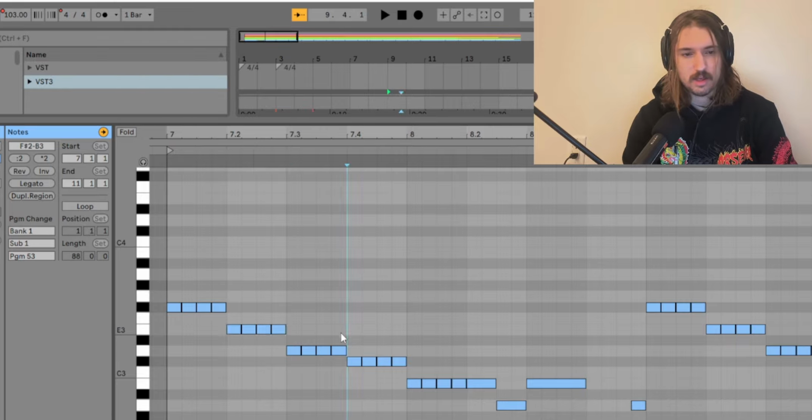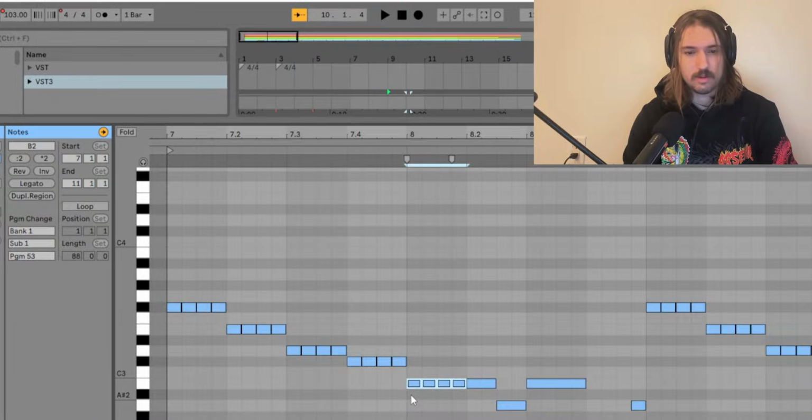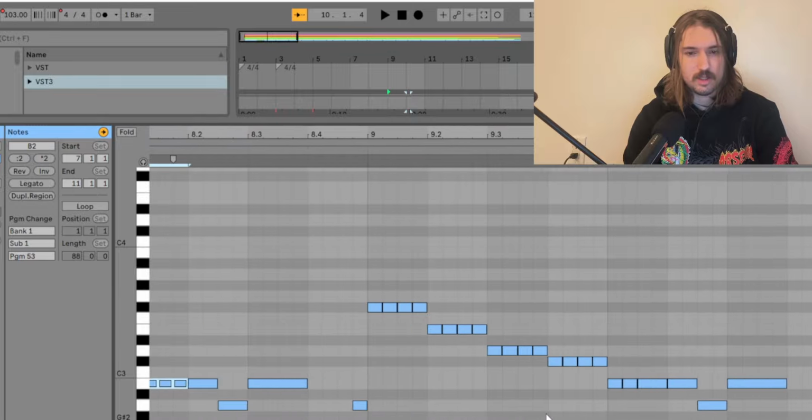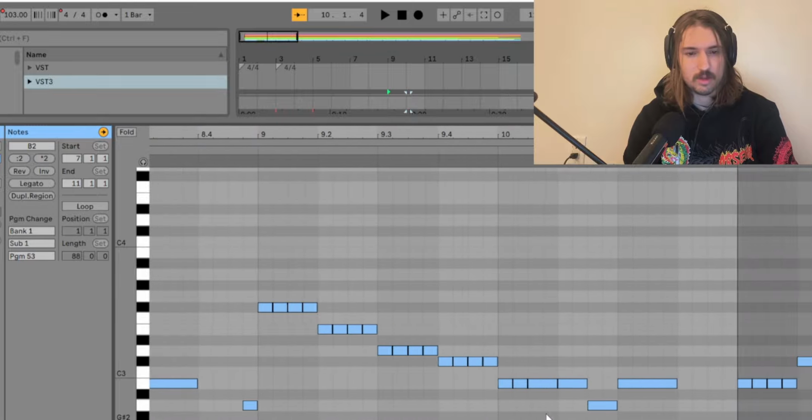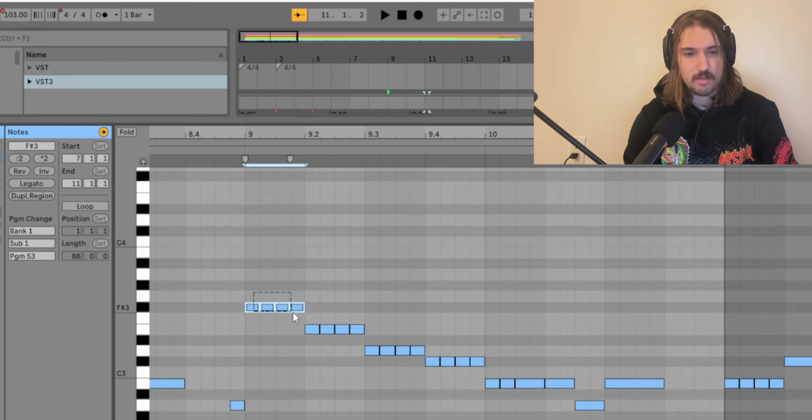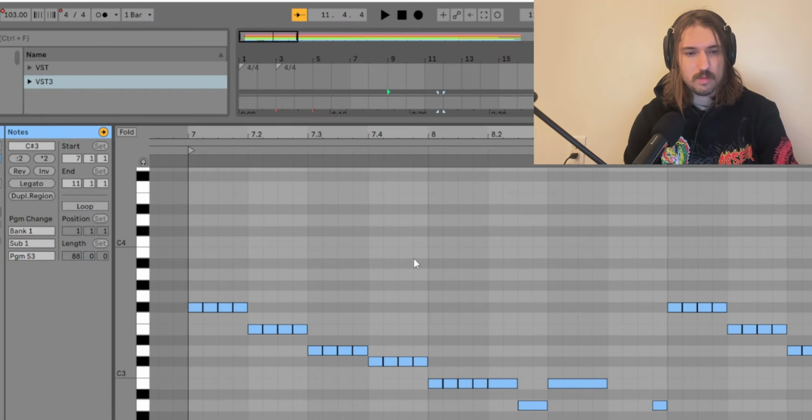Then again, the same pattern, shifted down, shifted down, shifted down. Okay? Then we see when I move over to another part of the song, the same pattern is reused over again. Here's the basic motif, and then it's shifted down, shifted down, shifted down. Okay? So that's one musical idea that's repeating over and over again.